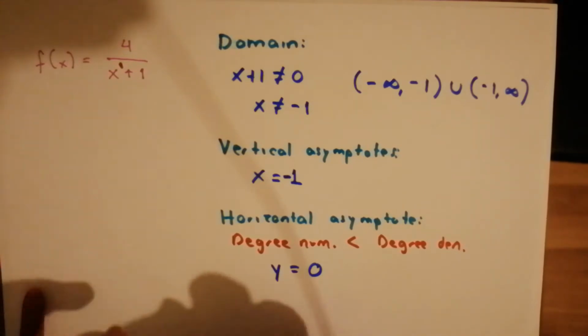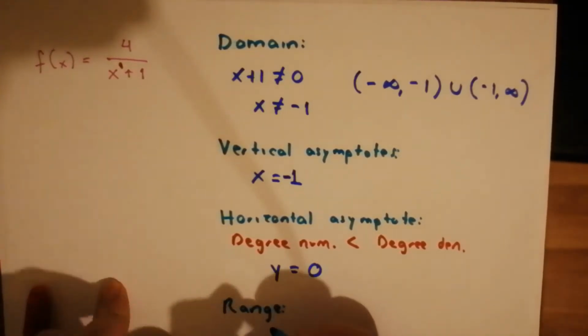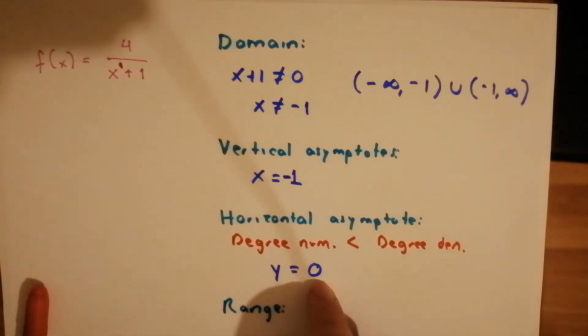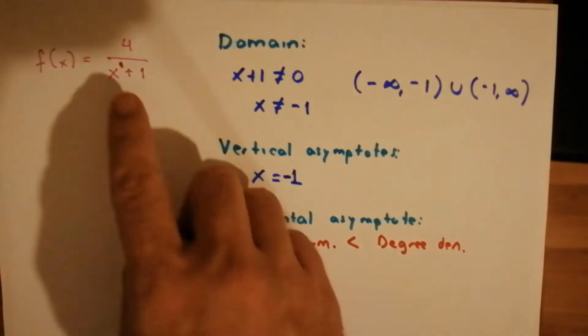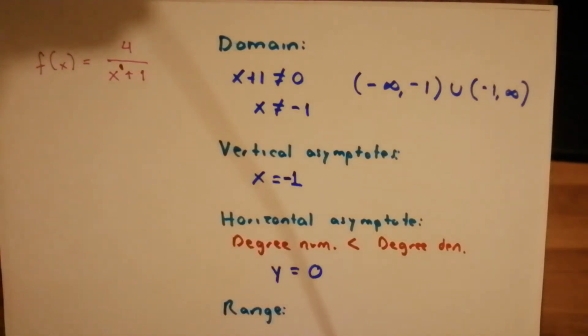Lastly, we're going to find the range. And the range depends on the horizontal asymptote. Since the horizontal asymptote in this case is 0 and the power is 1 in the denominator, then the range is going to be negative infinity to 0, parenthesis, union 0 to infinity.